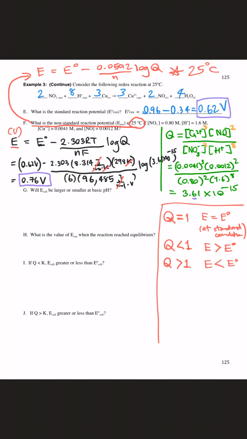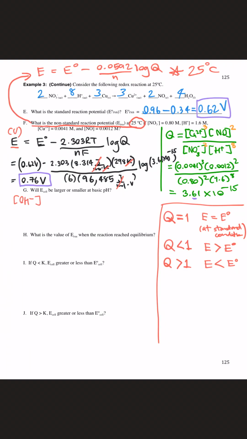Okay, so let's take a look at G. G is asking us to predict whether the non-standard cell potential would be larger or smaller than the standard reaction potential at basic pH. What we need to know is that basic pH contains a high amount of hydroxide ions in the solution.